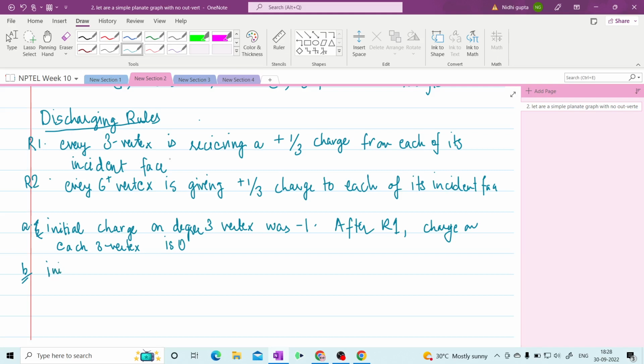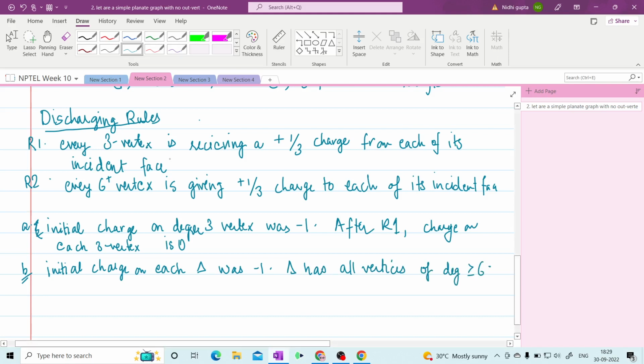Why? Because the initial charge on each triangle was -1. Triangle has all vertices of degree greater than or equal to 6. Therefore, after R2, charge on triangle will be 0.